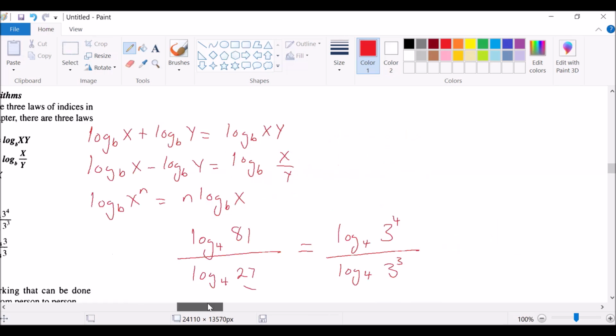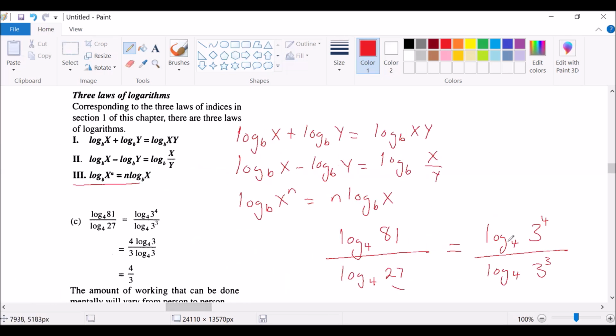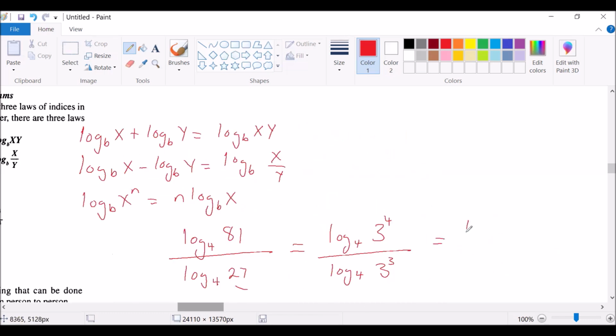So now, using the third law, we can drop these powers so that they multiply the logarithms, which is 4 log to base 4 of 3 over, drop this power, 3 log to base 4 of 3.